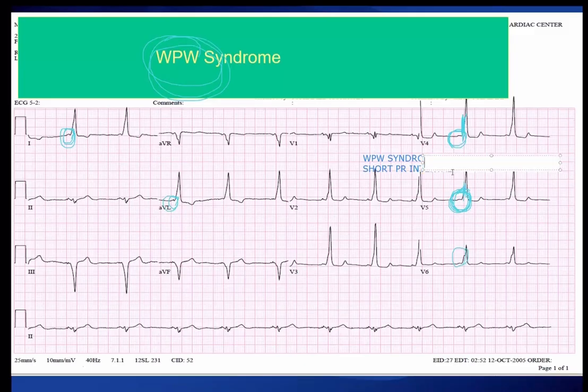Other than that, QRS is widened. And WPW syndrome has a prevalence of 1 in 500 or 1,000 people.